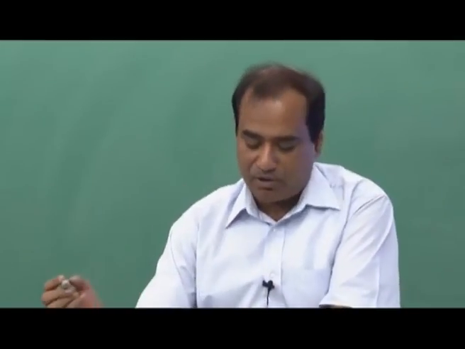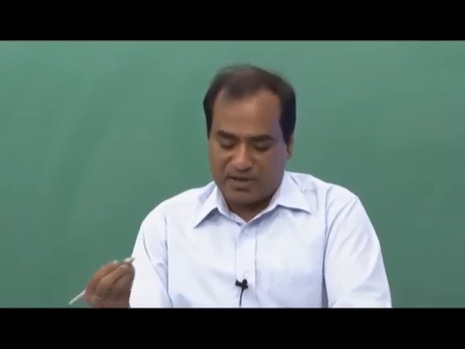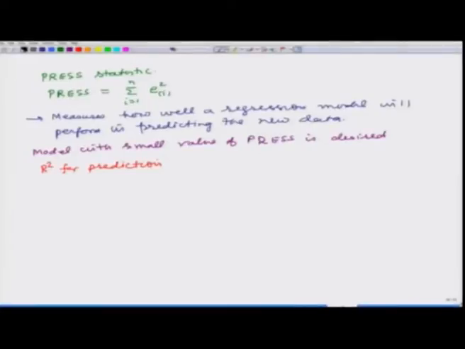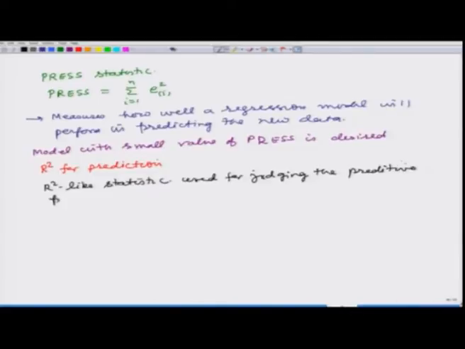So, in order to develop a goodness of fit statistic, we try to use the PRESS, and we define here an R square like statistic, which is used for judging the predictive performance of the model.